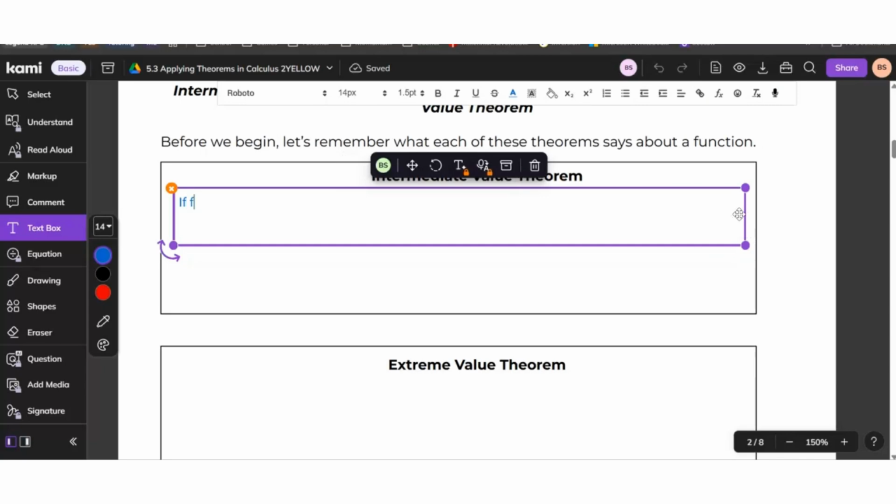The thing that all of them have to be true of, as Pablo pointed out, is that f of x has to be continuous.